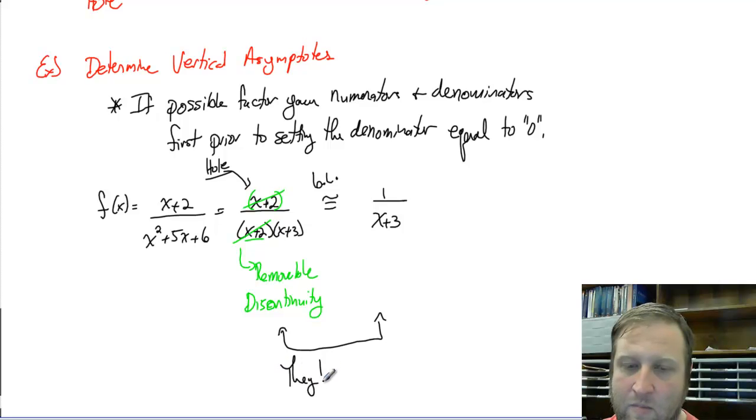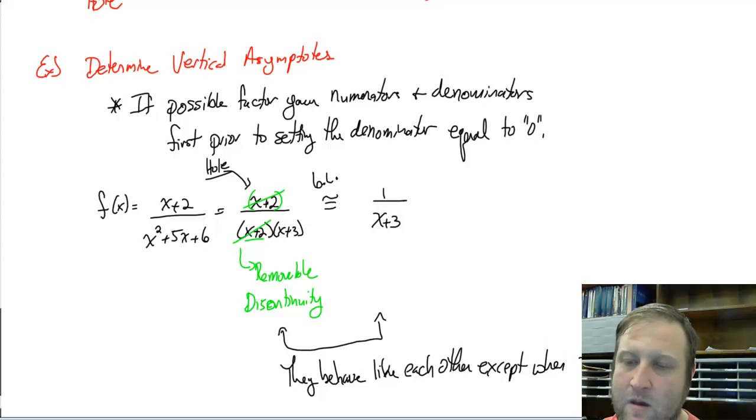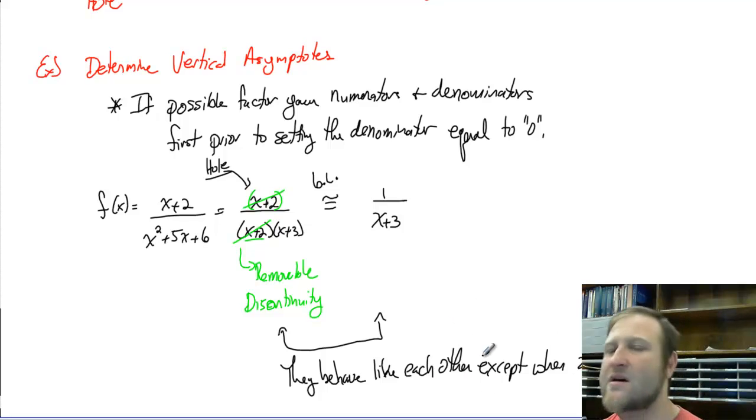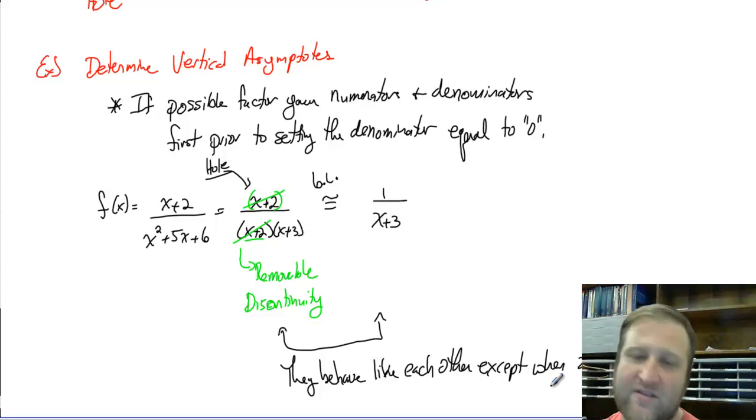They behave like each other, except when x = -2. With the original function, at -2 we'll have a hole, and with this function, we will actually have a solid line. So just be cognizant of that.